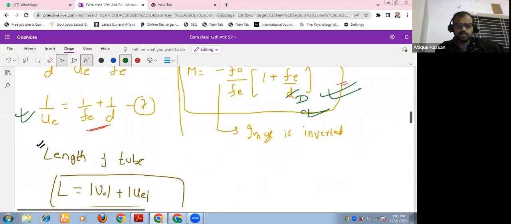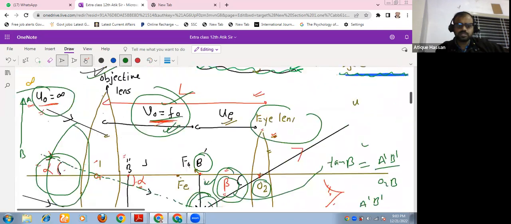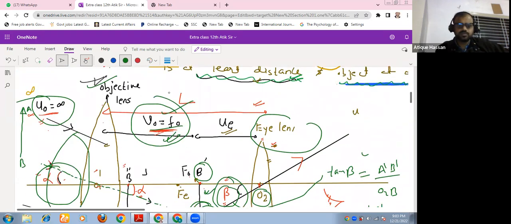Now, if you want to find the length of the tube, what is the length of the tube? Actually, this is the length of the tube. The distance between the two lenses is known as the length of the tube. So it is clear from the diagram that f naught plus fe will be the length of the tube, obviously.